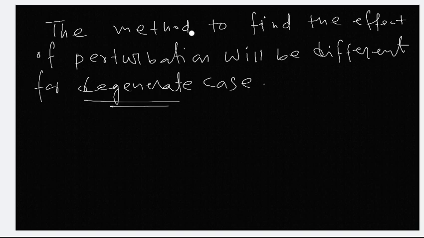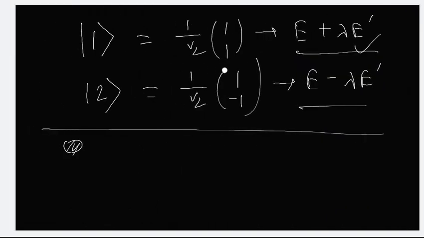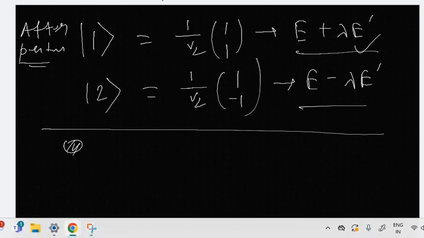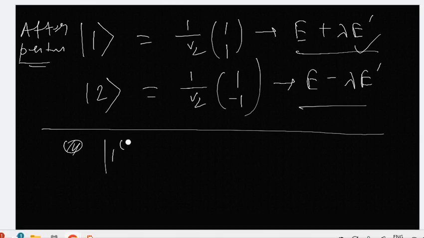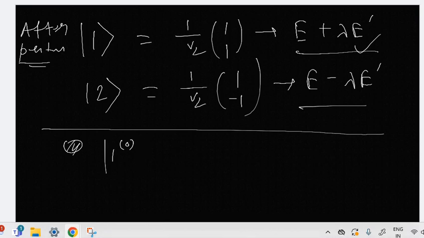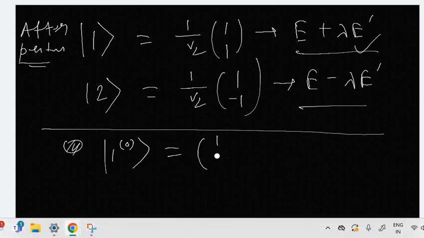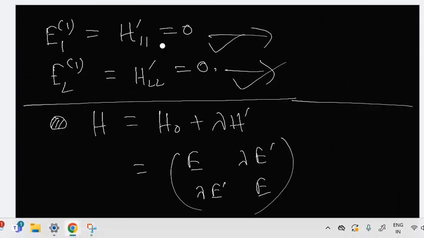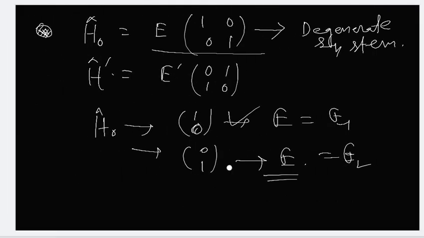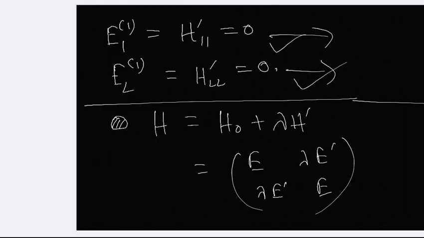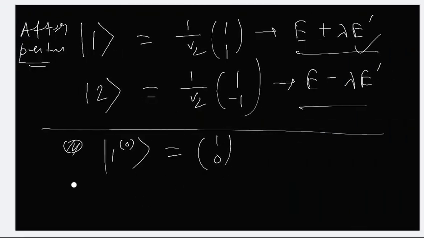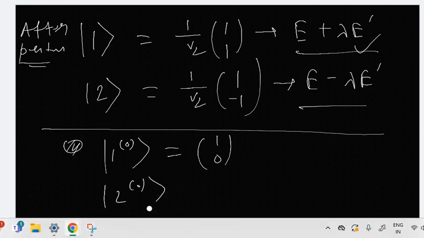Now you can also find more information from this example. This is after perturbation, right? Before perturbation, the states, suppose in one knot, were actually 1 0 and 0 1. So before perturbation, the spectrum was 1 0, and this one suppose 0 1.